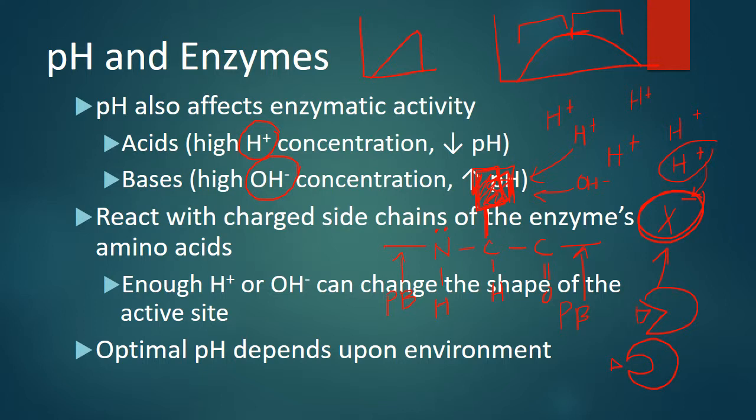Same situation. It changes it enough sometimes. And the optimal pH depends on the environment it's in. So the figure 11.4 on page 115 showed that the optimal pH for trypsin, which is found in the small intestine, is about 6.5, whereas pepsin in the stomach has an optimal pH of 2.5.